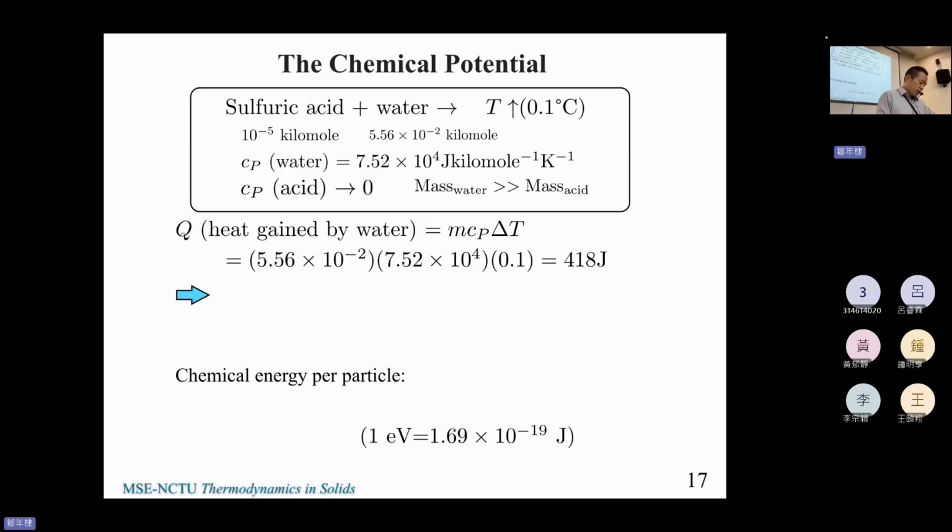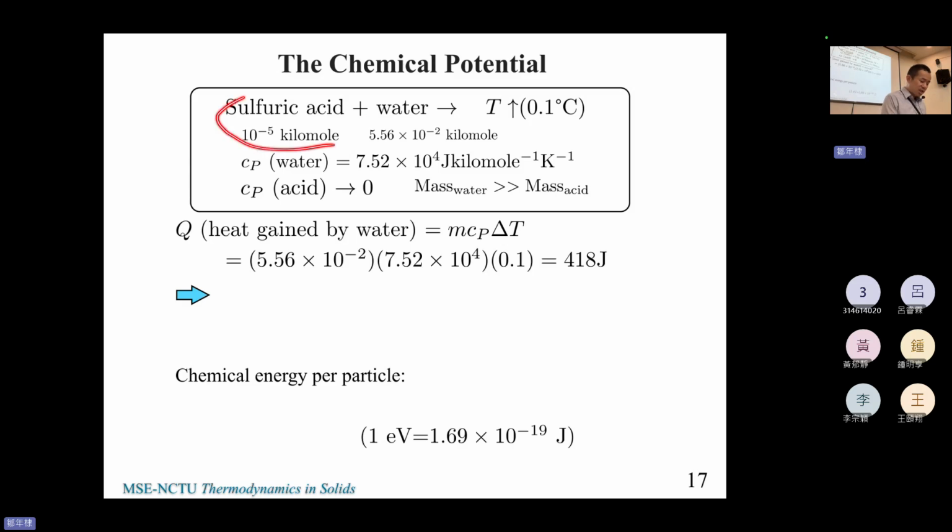All right, so let's continue our lecture on chemical potential. So imagine that you pour sulfuric acid into the water, and of course you imagine that the temperature will increase. The temperature increase means that you're adding some energy into it, right? And this is 10 to minus 5 kilomole, and this is 10 to minus 2 kilomole.